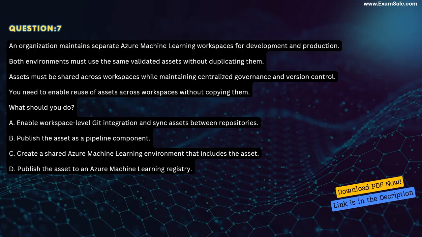What should you do? A. Enable workspace-level Git integration and sync assets between repositories. B. Publish the asset as a pipeline component. C. Create a shared Azure Machine Learning environment that includes the asset. D. Publish the asset to an Azure Machine Learning registry.